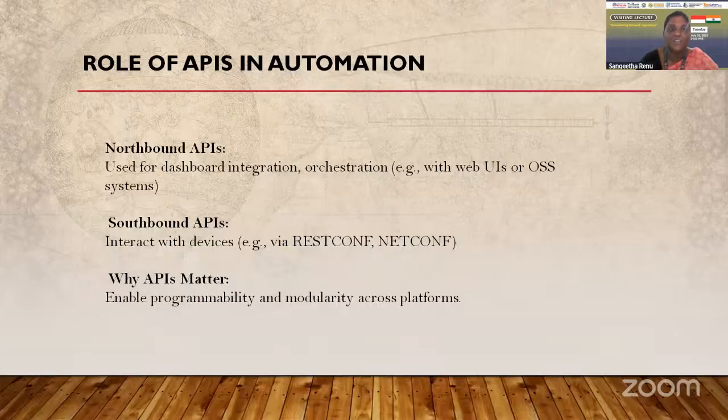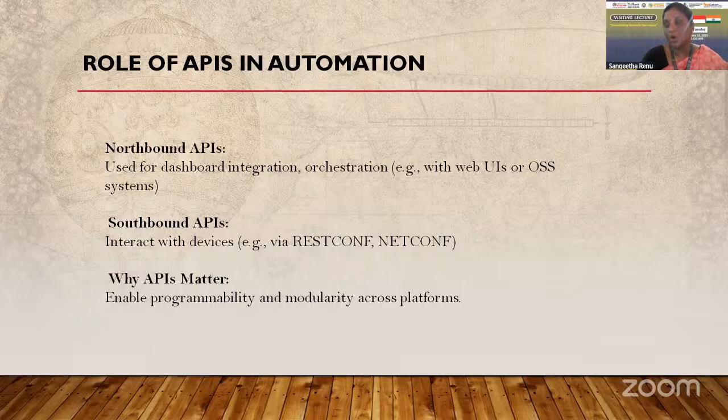Speed and scale: API-driven networks scale faster and reduce manual effort drastically. Observability and control: expose metrics, logs, and health data in real time for telemetry-driven decisions.